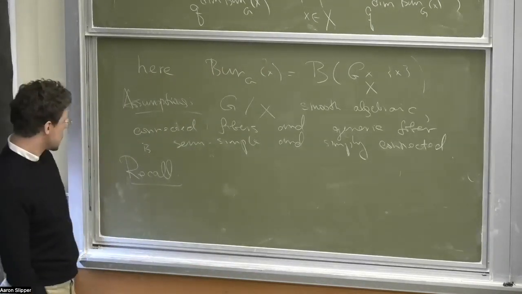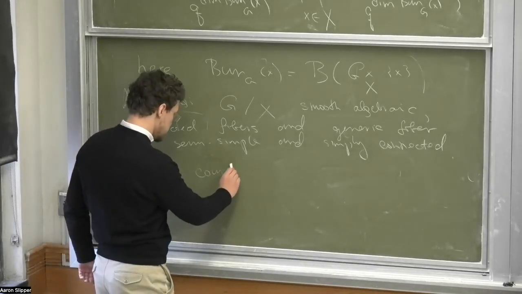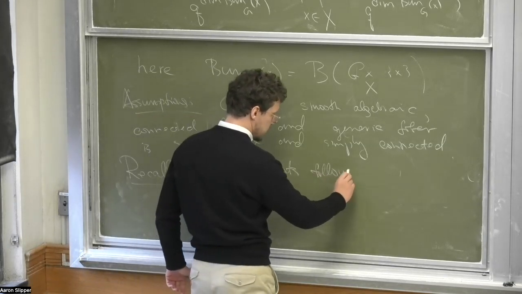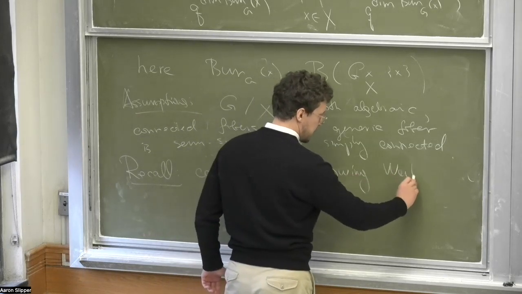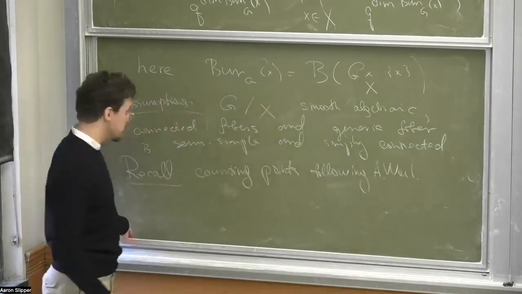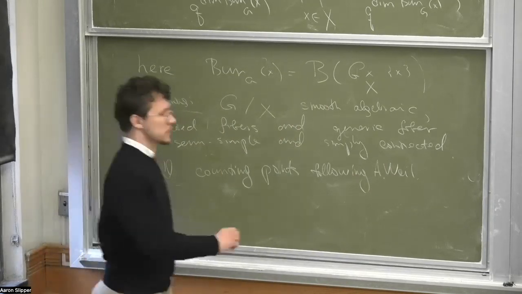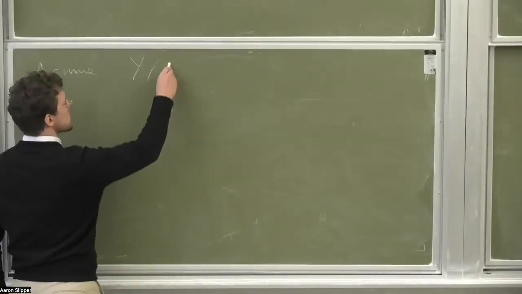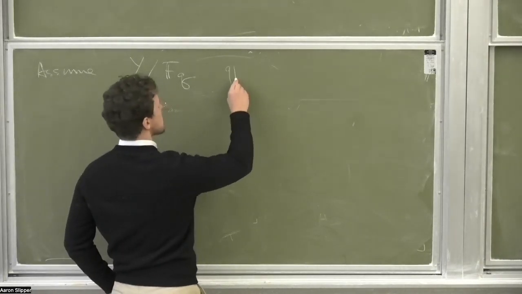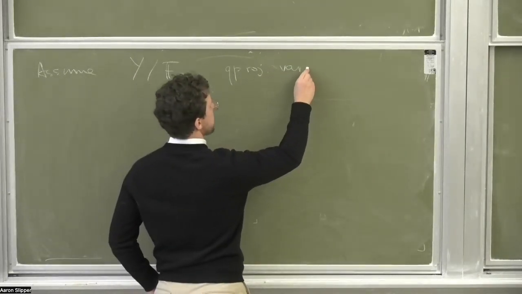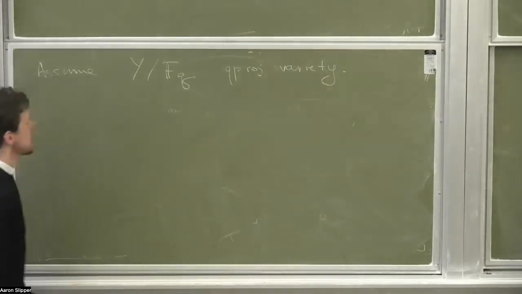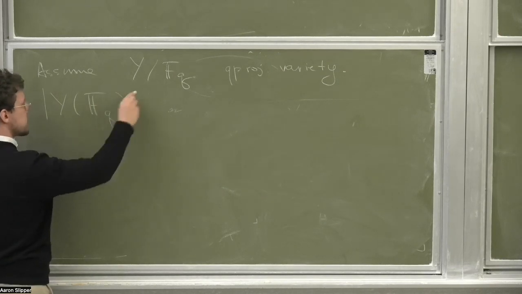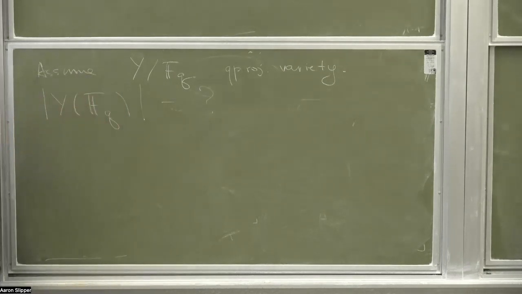I want to recall some classical story, counting points following Weil. Assume Y over F_q is some quasi-projective variety, and we are interested in computing the number of points of Y over F_q.